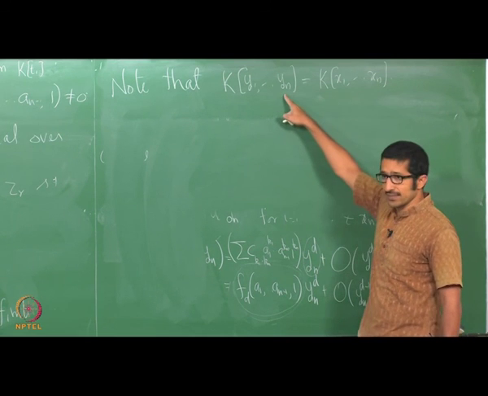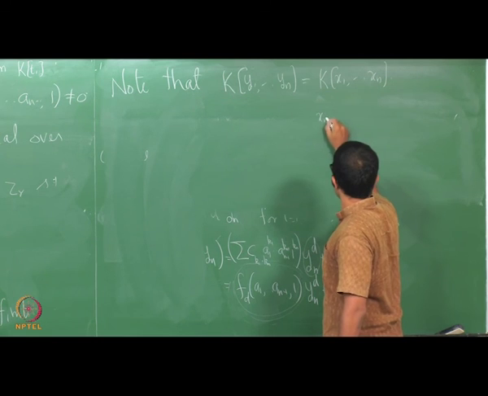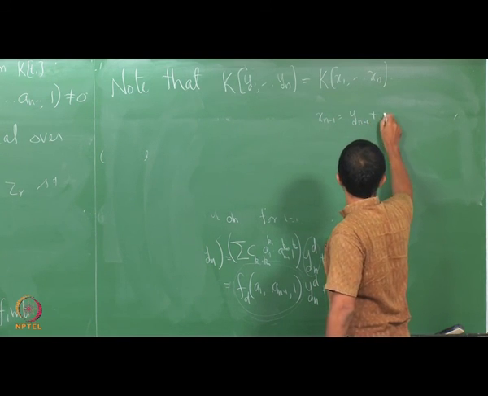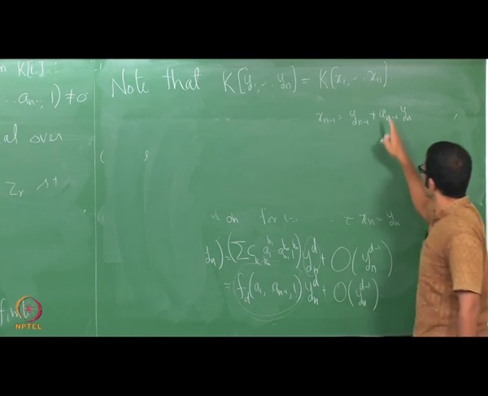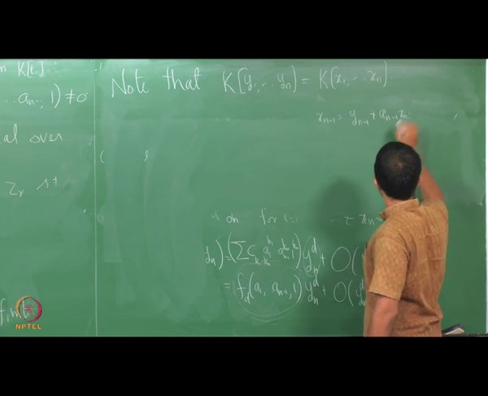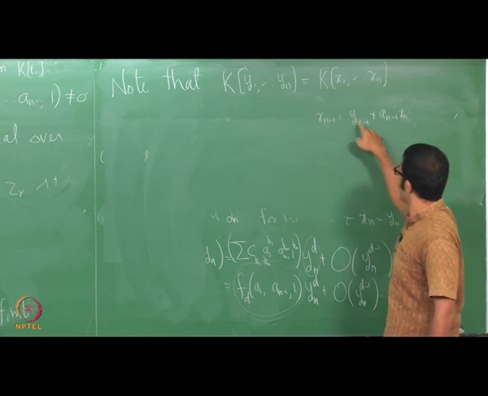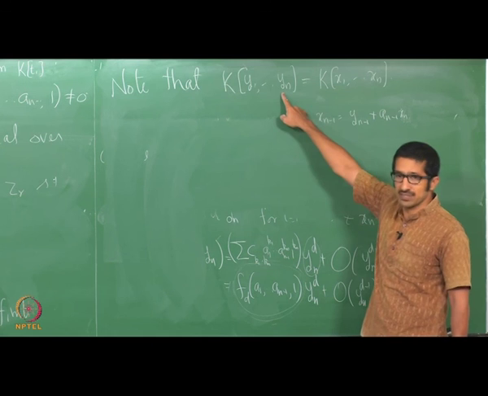xn is yn. Therefore, now xn minus 1 is yn minus 1 plus an minus 1 yn. So, this is xn, right. So, xn is here, therefore, yn minus 1 is here. So, therefore, x(n minus 1) is here.